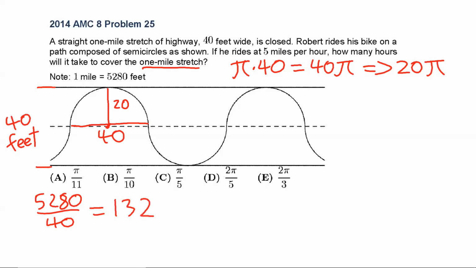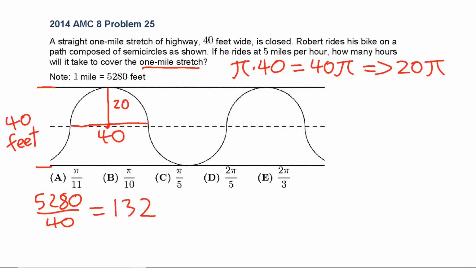Yep, that's 132. So now we know that there are actually 132 of these semicircles on the entire highway. And since for each of these semicircles the perimeter is 20 pi, and they're asking us if he rides at 5 miles per hour, how many hours will it take?